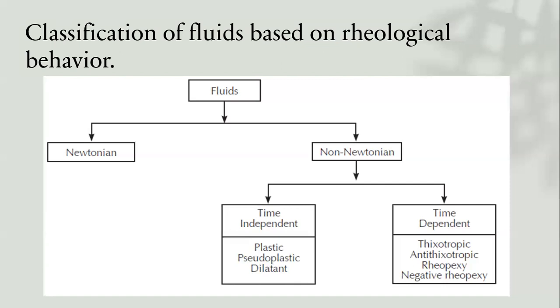In a Newtonian fluid, the viscosity remains constant. If you apply any force, the viscosity of the fluid remains constant. While for a non-Newtonian liquid, when you apply force, it behaves like a solid.